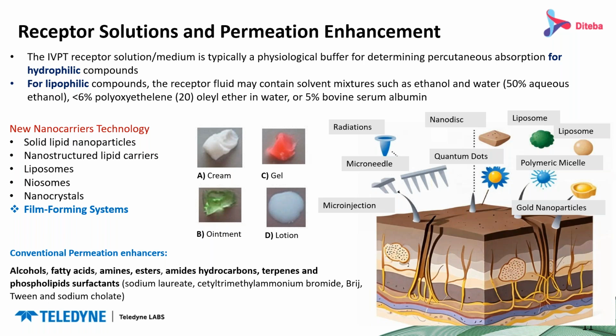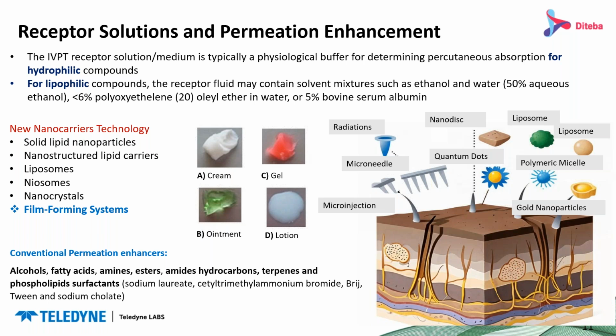The receptor fluid should mimic the skin's intercellular fluid. FDA, EMA, and OECD guidance recommend aqueous saline and PBS buffer pH 7.4 for non-viable skin and water-soluble components, or tissue culture medium for metabolically active skin.